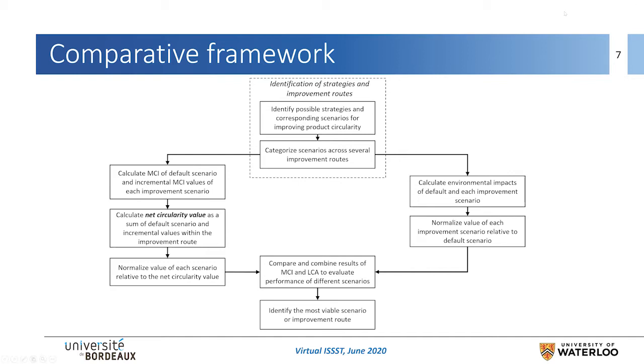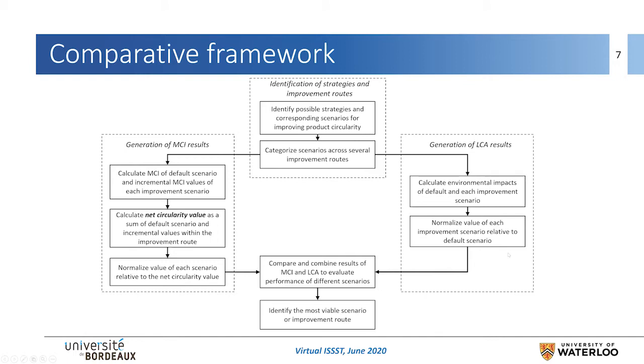These strategies are then put together in single improvement routes and then used to develop a net circularity value, which is then used to normalize absolute MCI values. These normalized values can then be used with the more conventional normalization of LCA results. And these two results can then be compared and you can identify the most valuable scenario or improvement route.